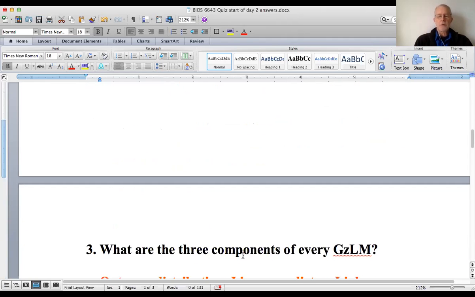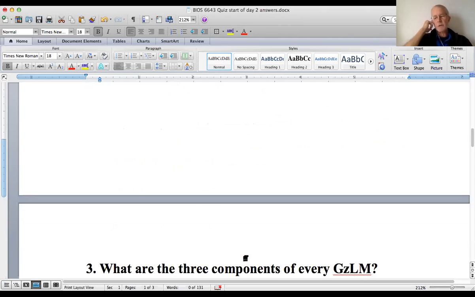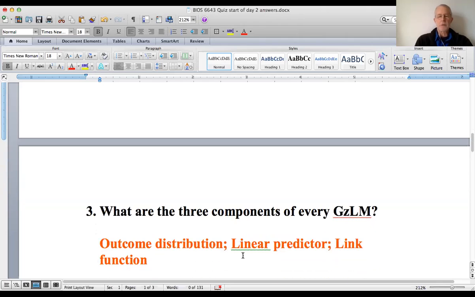What are the three components of every generalized linear model? The three things you need to specify to any software in order to fully specify a generalized linear model. Random component, systematic, and the link function. Good, exactly. Random component, in other words, the outcome distribution.